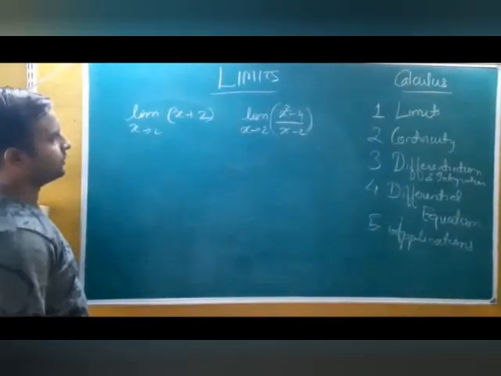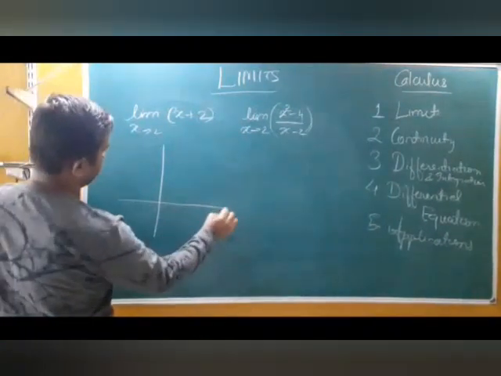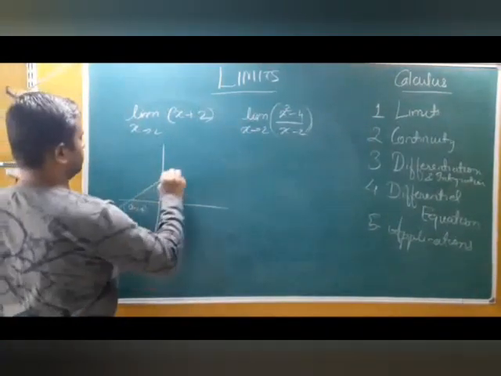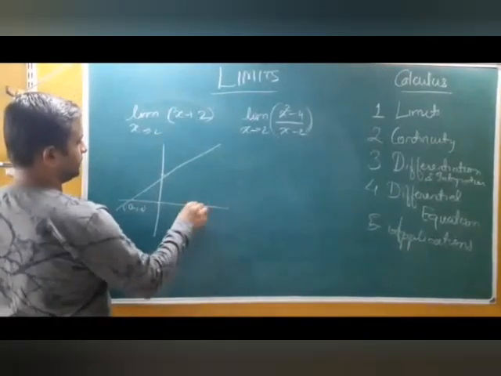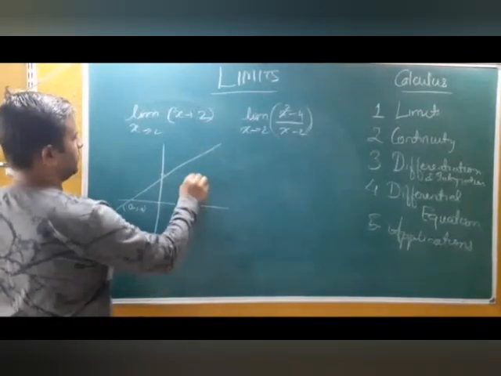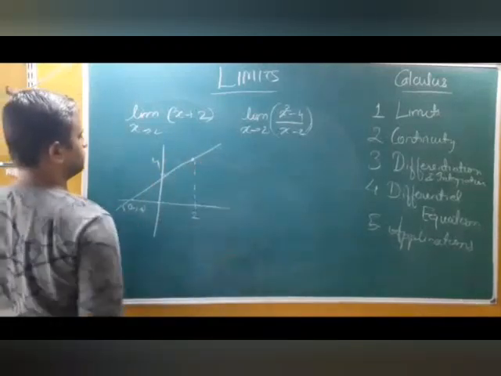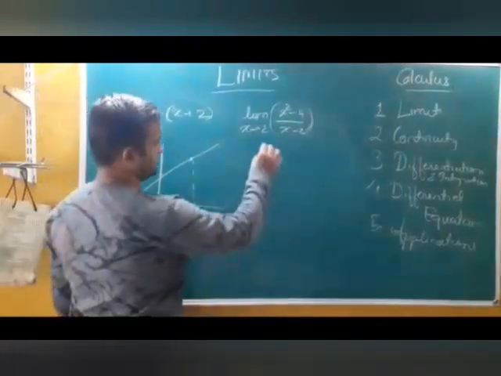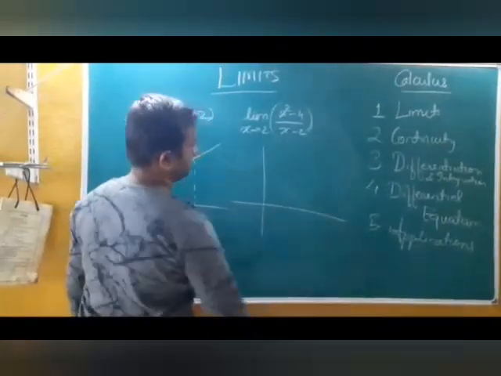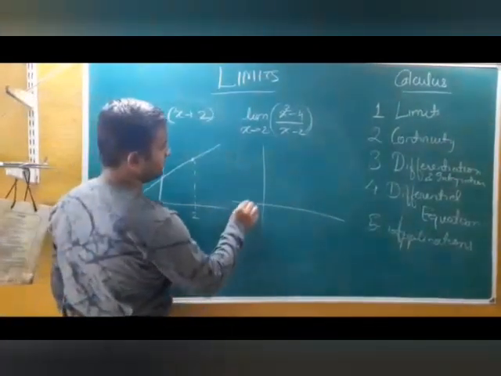when we plot the graphs of these two functions, let's see. So this is the point and this is a straight line. When value of x is 2, value of y is 4, and this is the point on the number line. Whereas for this function, if we are going to draw this curve, it will be again similar.